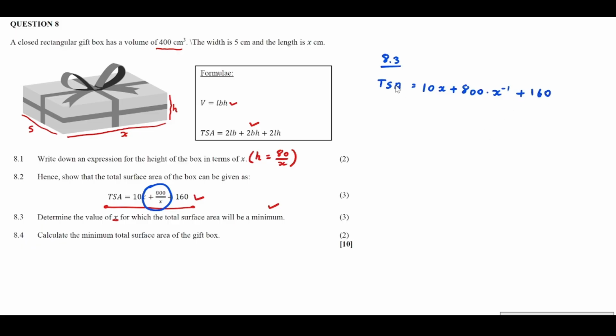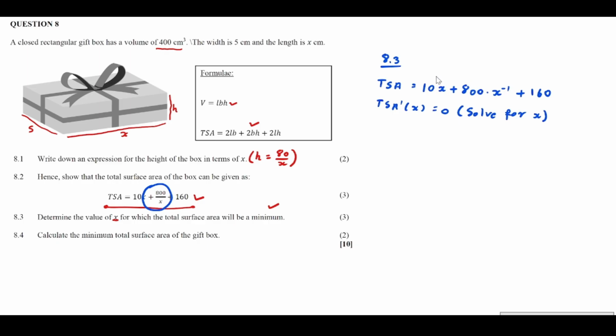And if I'm looking for the total surface area where this is going to be the minimum, it means that the derivative of this with respect to x, I'm going to equate it to 0, and then you're going to solve for x.